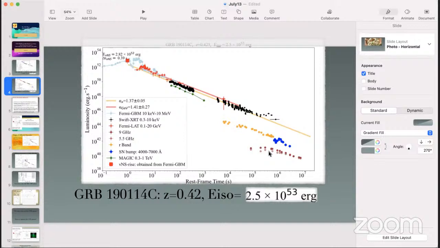The masterpiece is how you can see the supernova in blue. Because the energy, the luminosity, is much lower than the afterglow. But the masterpiece of this work is that you don't care about the luminosity of the X-ray.